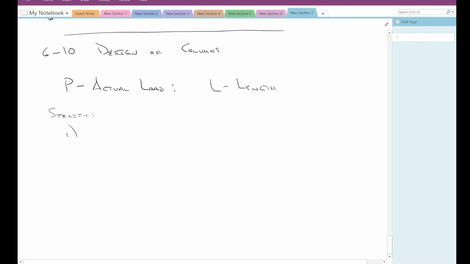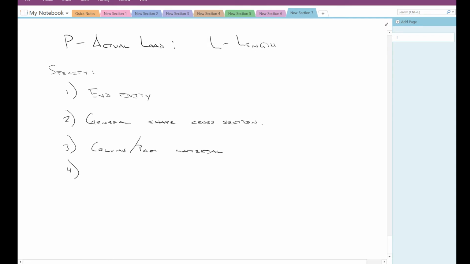are several conditions. One being the end fixity conditions. End fixity. 2, the general cross-sectional shape. 3, the column or part material. 4, the design factor.